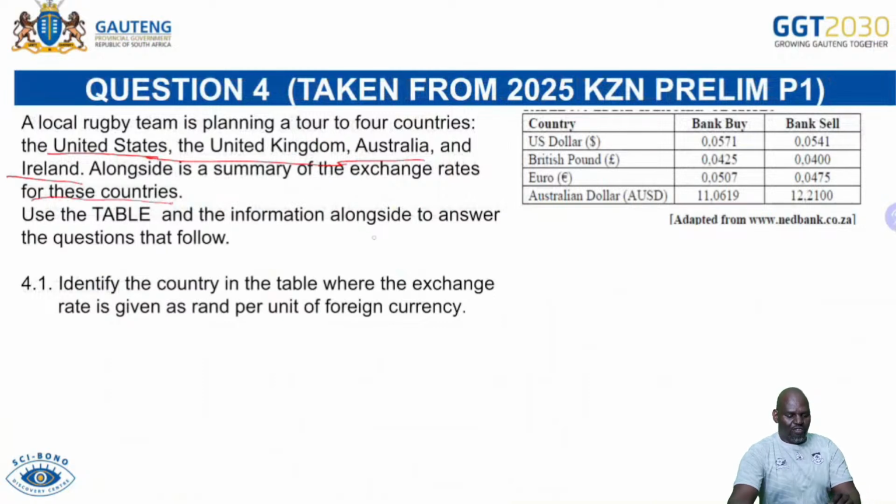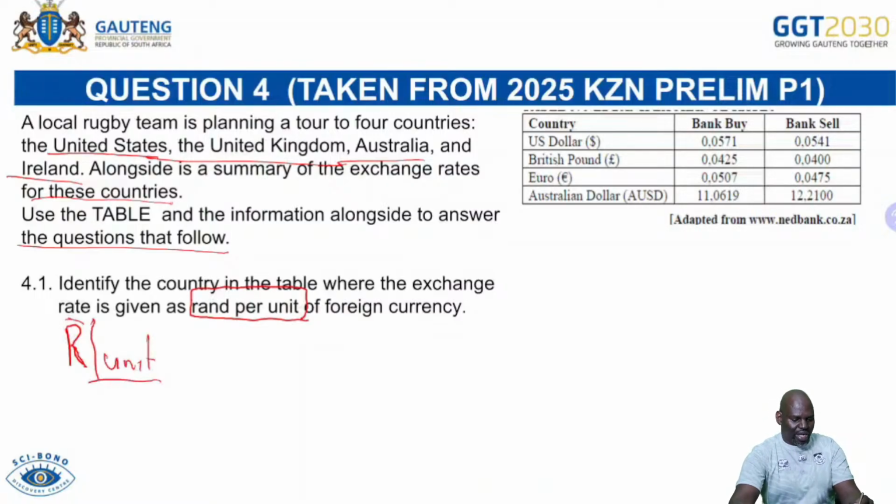Use the table and the information alongside to answer the questions that follow. 4.1: identify the country in the table where the exchange rate is given as rand per unit. So they want to know where the given amount is the number of rands against that currency.